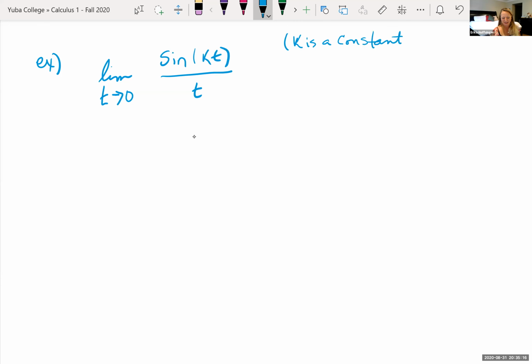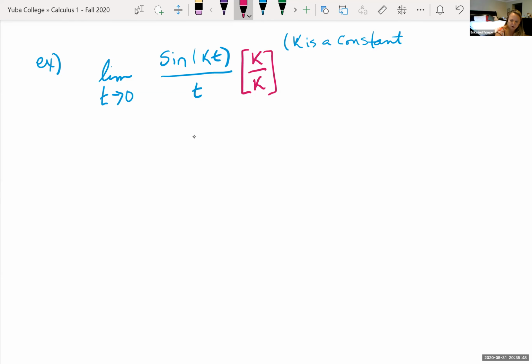So technically, if I can manipulate this denominator to look like the same argument here, kt, then I would know the limit. And so what we have to do is manipulate this so we can multiply this by a fancy 1. I want this denominator to look like k times t. So let's just multiply this by k over k.